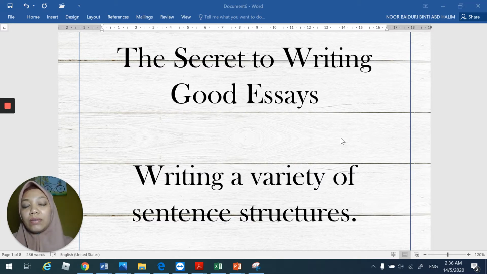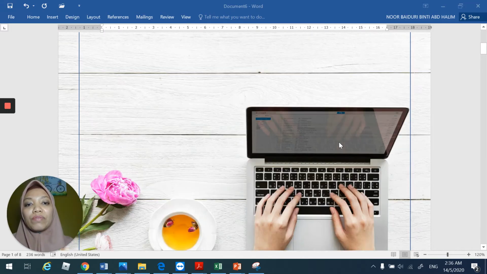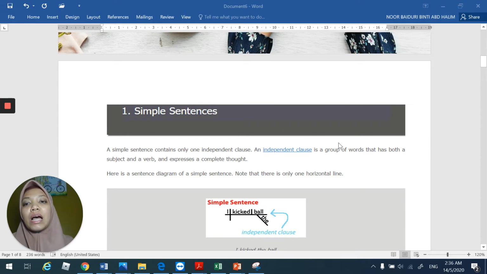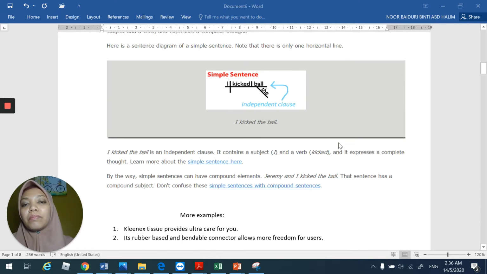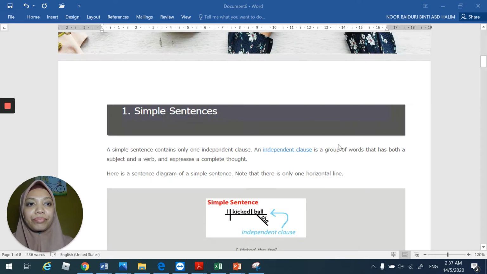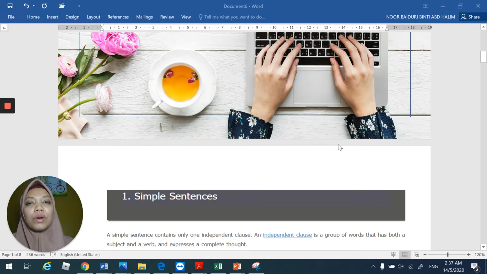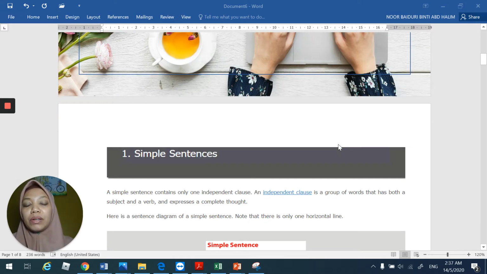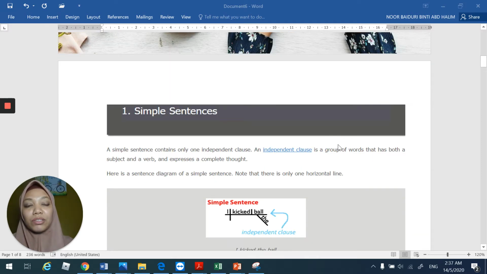When you have a combination of simple, compound, complex, and compound complex sentences, you will have a good piece of writing. Let's go through each of the sentences I mentioned just now.